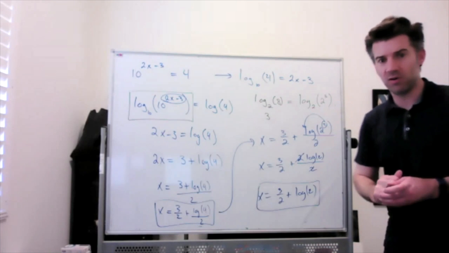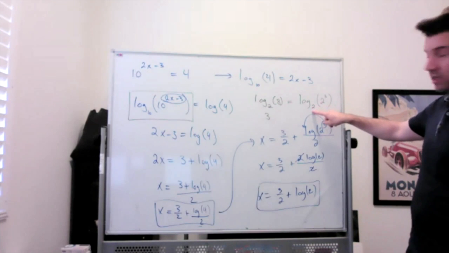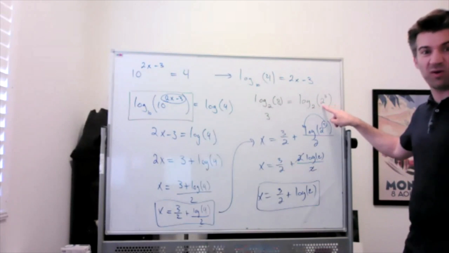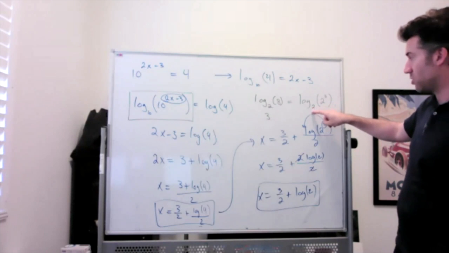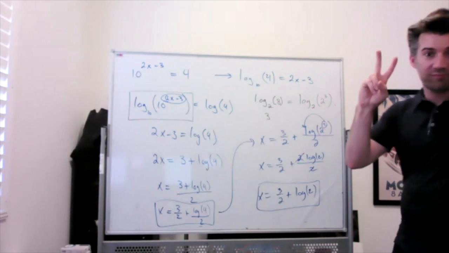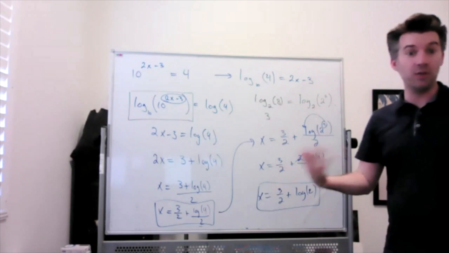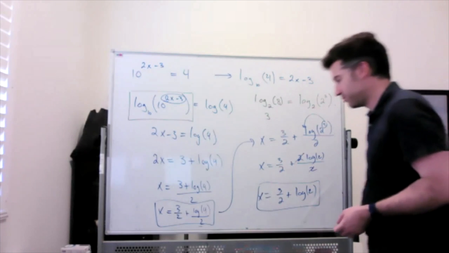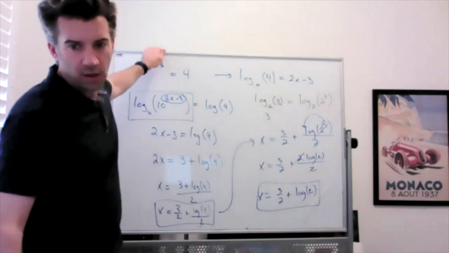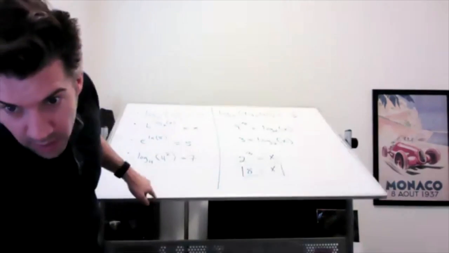And then you're saying, oh, 2 to what power equals 2 to the third? Well, of course, it's 3. So the log base 2 and the 2 to the part cancel each other out or undo each other, as I would prefer to say. Yeah, excellent.